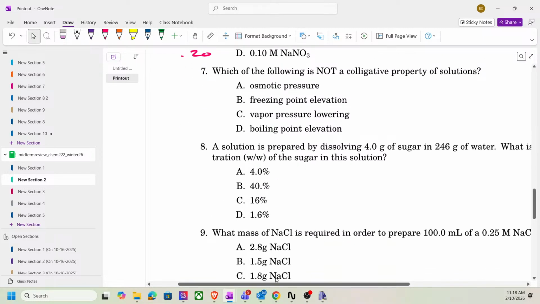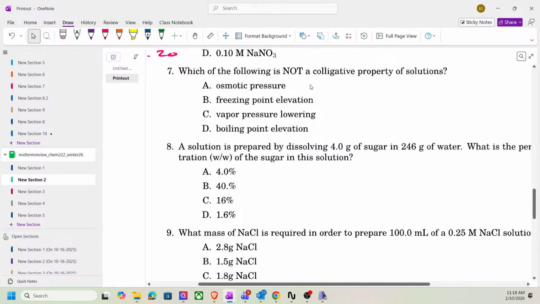All right, we'll finish out our quiz. Which of the following is not a colligative property? Is it A, osmotic pressure, B, freezing point elevation? I see some people flagged that one. Vapor pressure lowering, well, that's true, right?